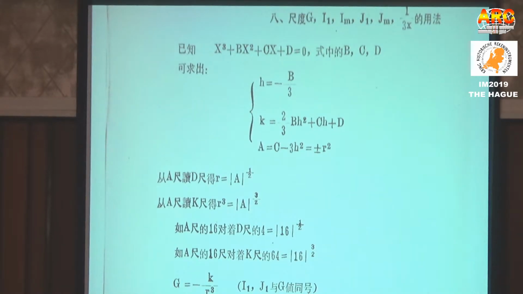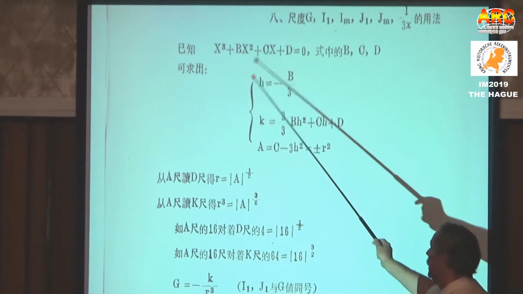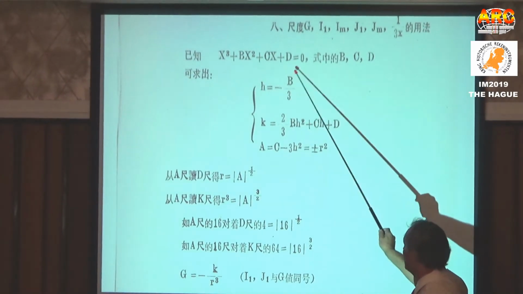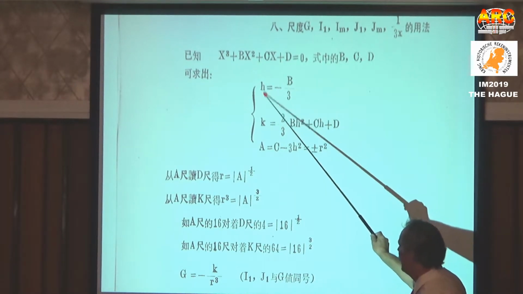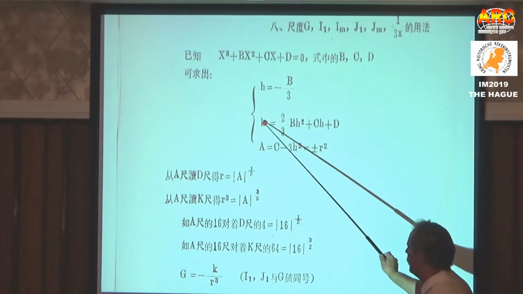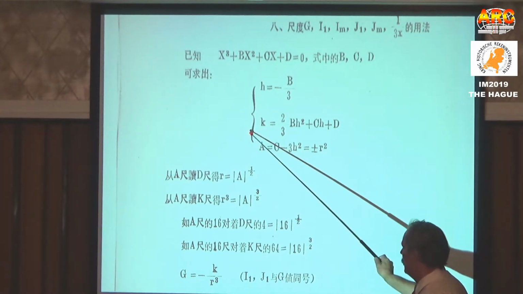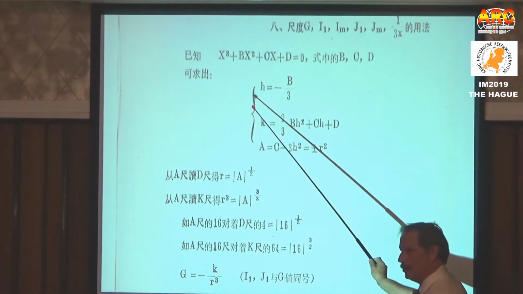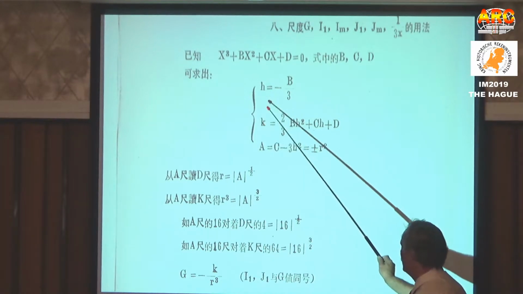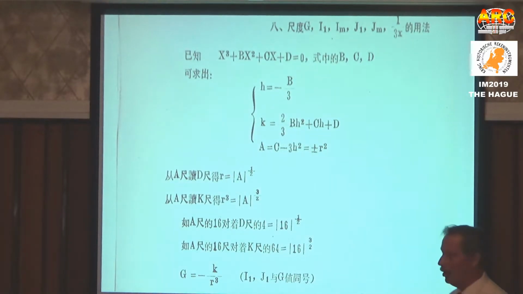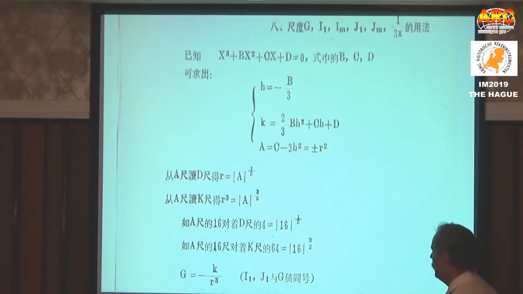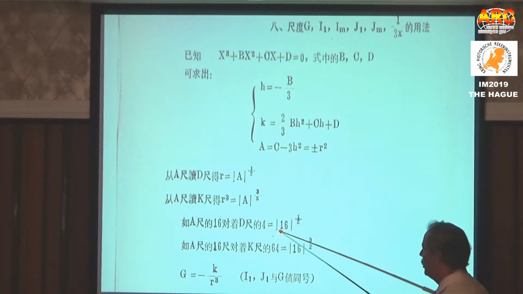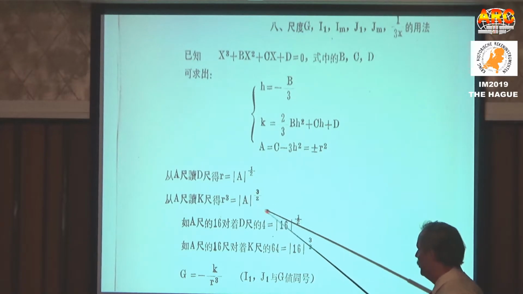Now the instructions for cubics are fairly well explained. Given that you've got x cubed plus bx squared plus cx plus d equals 0, you just work your way through calculating various intermediate values, capital A, and so on. And you do that by using pretty much regular scales up to that point.